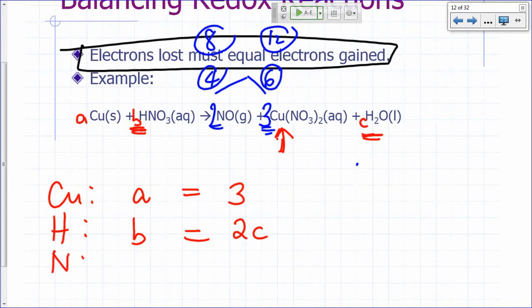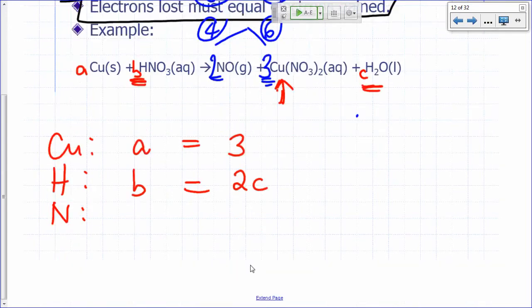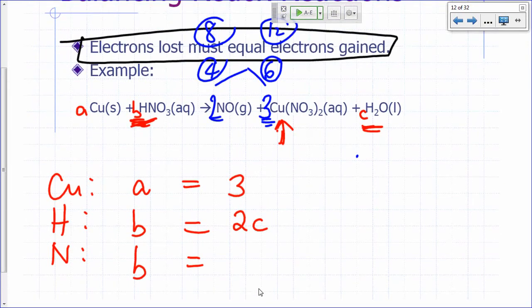How about nitrogen? How many nitrogens do I have on the left? B, right? How many nitrogens do I have on the right? There's 2 times 1 there, plus 3 times 2, that's 6, right?